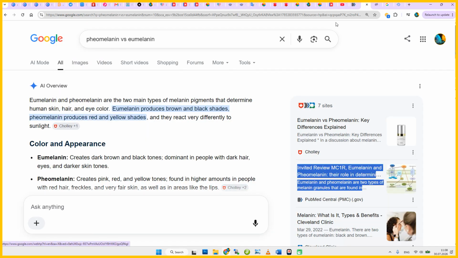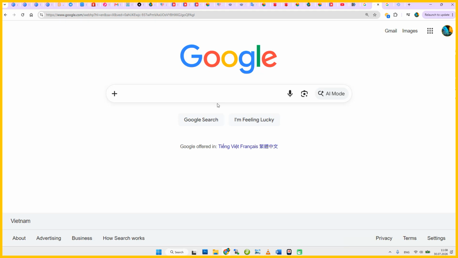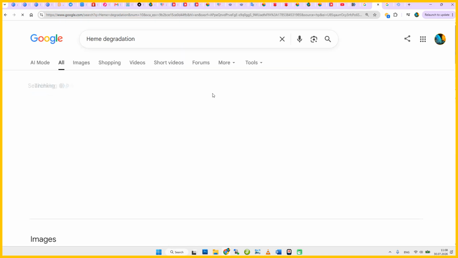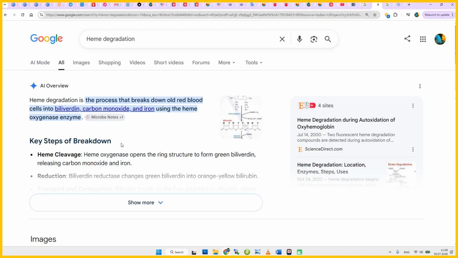Heme degradation is a process that breaks down old red blood cells, liberating carbon monoxide and iron using the heme oxygenase enzyme. Do you understand something? I mean, this is a process, okay? And this is a process which regulates our life, breaking down all red blood cells, okay?